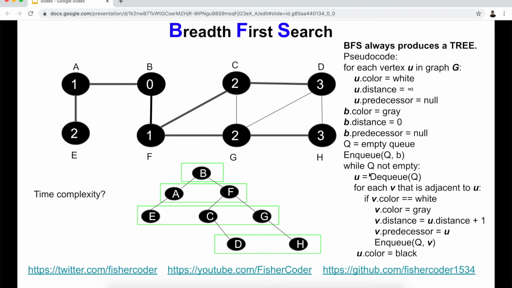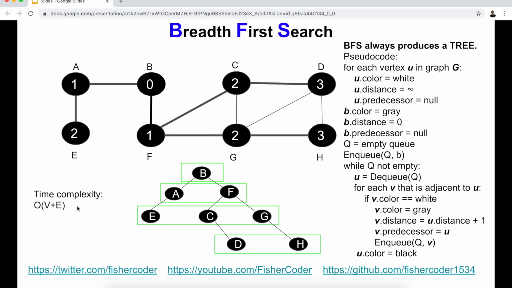That means we will visit every single edge at most once. So with number of edges as E and number of vertices as V, the time complexity of this breadth first search algorithm is going to be V plus E. V is the number of vertices and E is the number of edges. We only visit every single edge and every single vertex only once.